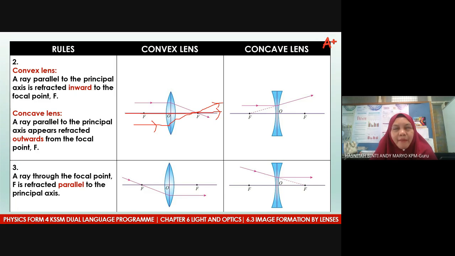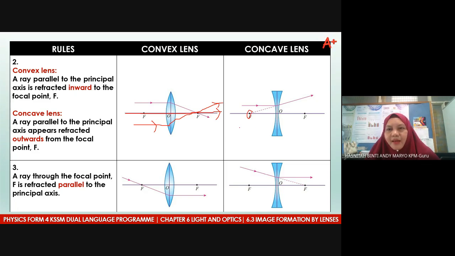Then for concave, what happened when a light ray is parallel to the principal axis? Remember, a concave lens is a diverging lens, so it must be diverged out. It will travel in this direction, and if you continue, it will be diverged from the focal point at the front.